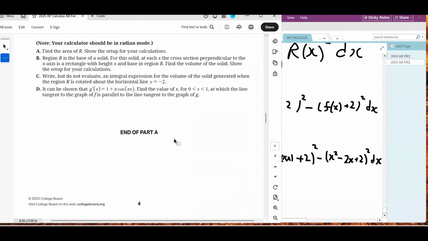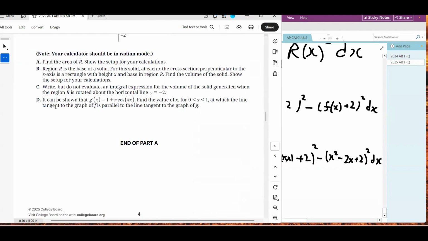Moving on to part 2D. It can be shown that g prime of x is equal to 1 plus pi cosine of pi x. Find the value of x for x greater than 0 and less than 1, at which the line tangent to the graph of f is parallel to the line tangent to the graph of g.